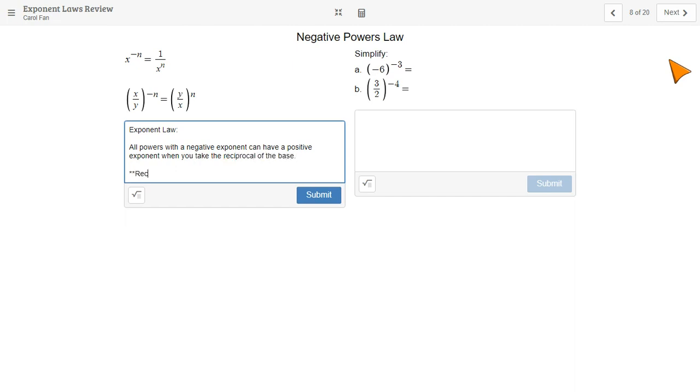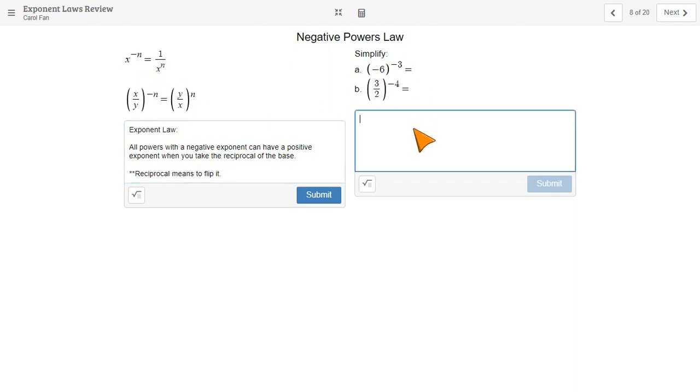So the word reciprocal means to flip it. So we have x over y, we're going to flip it. Our denominator becomes the numerator. Our numerator becomes the denominator. Same thing here. So let's simplify this. Negative 6 to the power of negative 3.